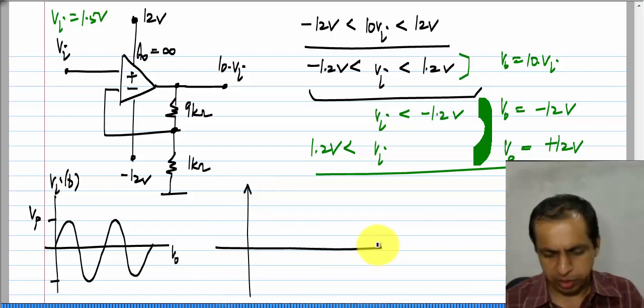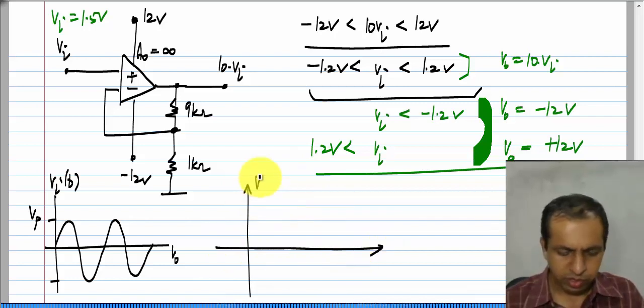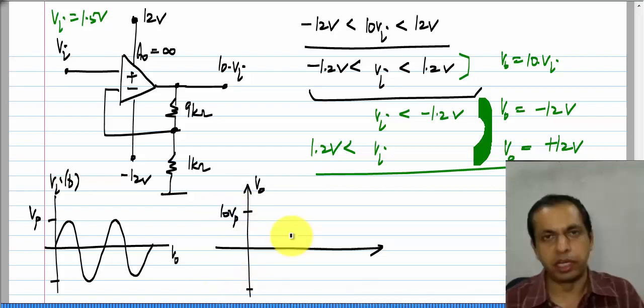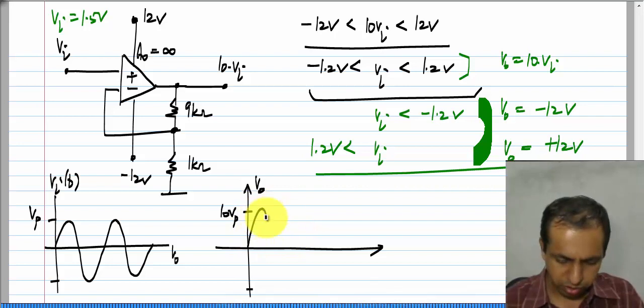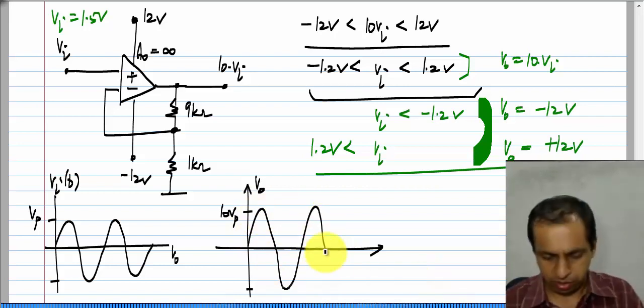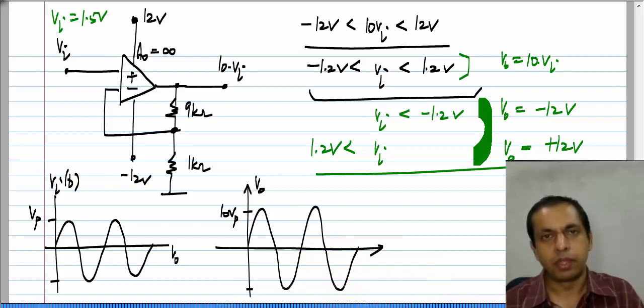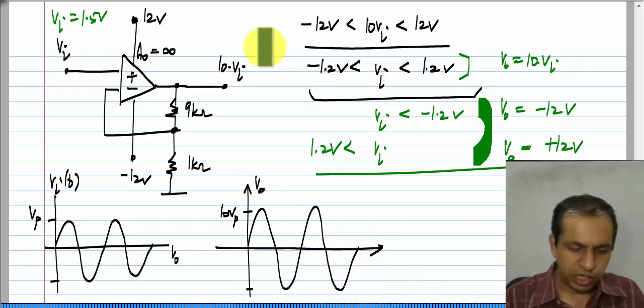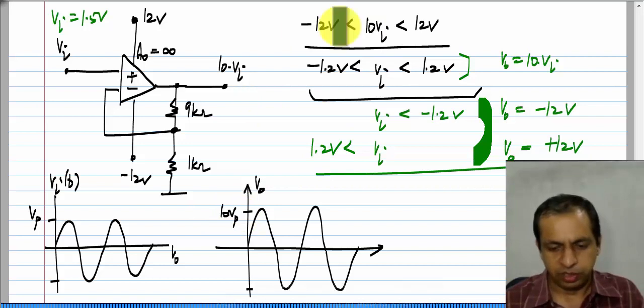At the output, we expect that we will have a sinusoid of peak value 10 times V p, because the output is simply 10 times the input. And this will happen if this 10 times V p is within the saturation limits.